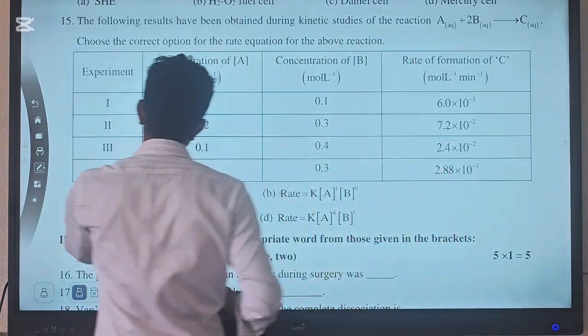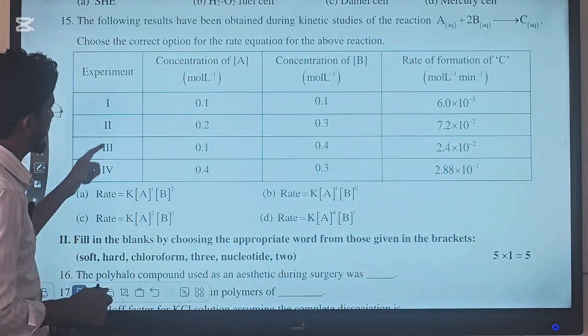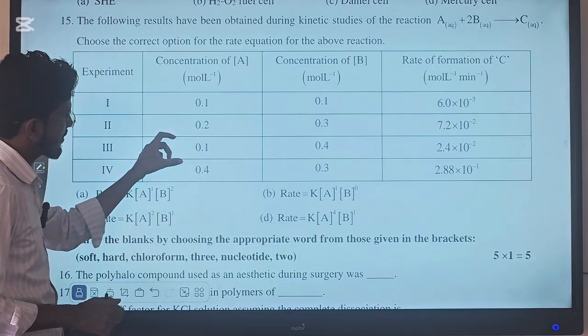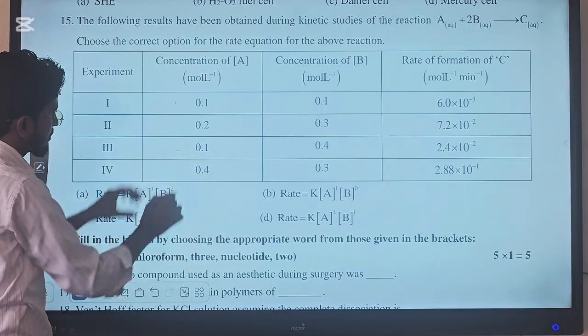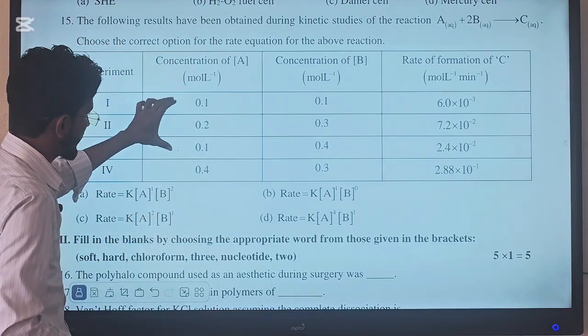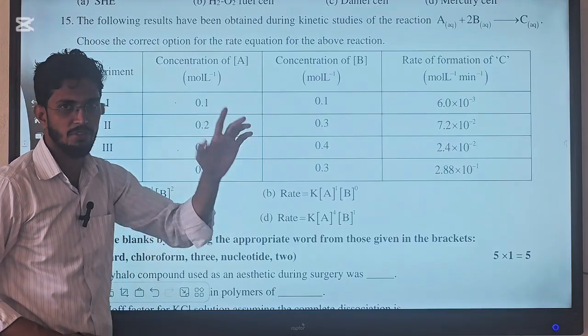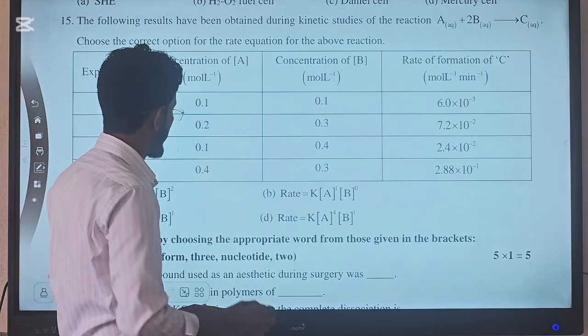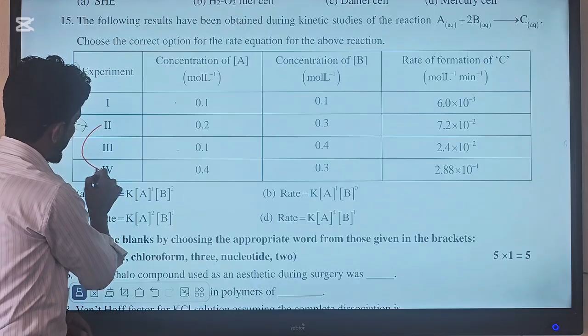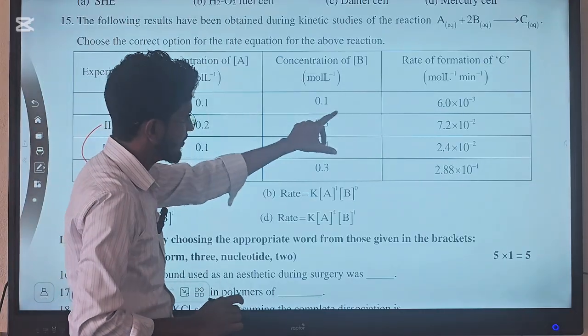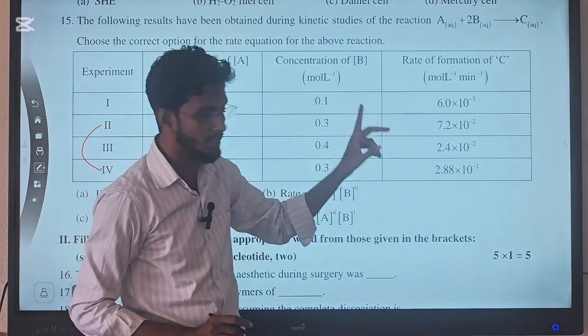In which experiments is the concentration of A different? Where A is the same, we cannot determine the order of reaction with respect to A. These two are different, and B will be the same in these two. Then we calculate the order with respect to A.